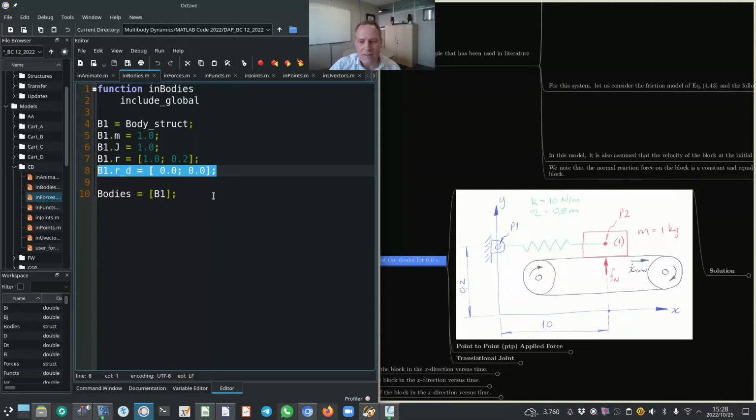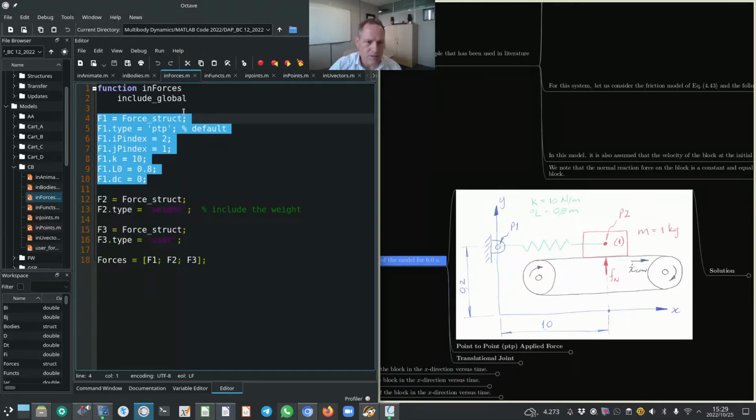And what you can also see here in this input file, the initial orientation of body 1 is not specified. Hence, the default value of 0 radians will be used by the program DAP. Then finally, bodies will obviously, for this multi-body mechanism, consist only of B1. There is only a single body in this multi-body mechanism. Right, so that's in bodies.